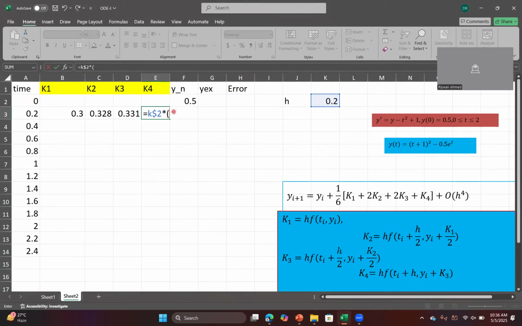So in the expression, I write the y value plus k3, minus the t squared, where t is the value of t plus h.